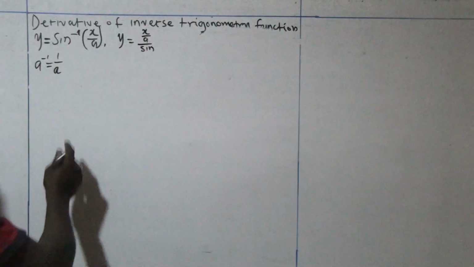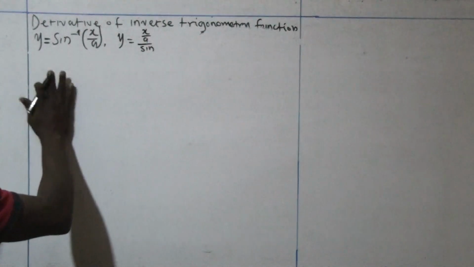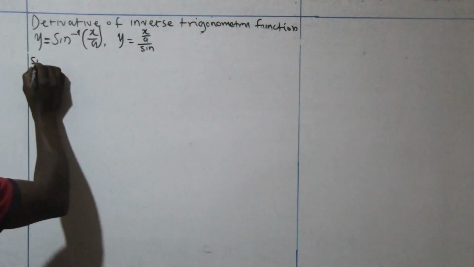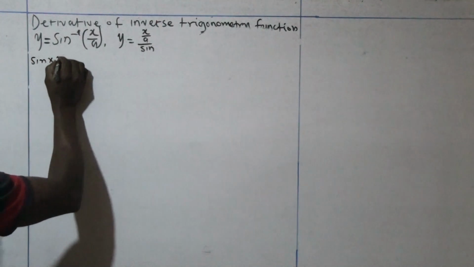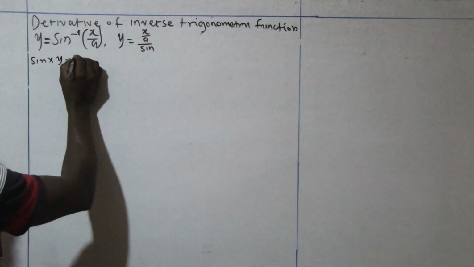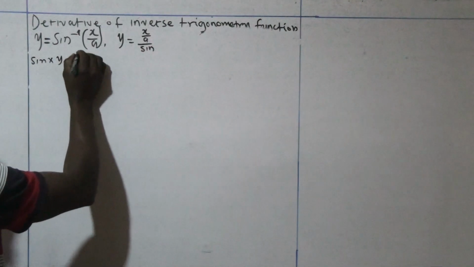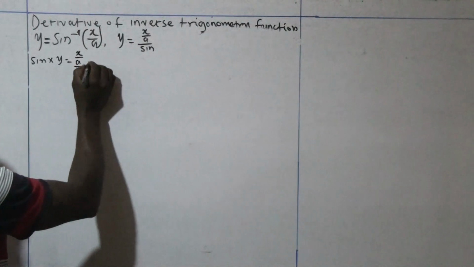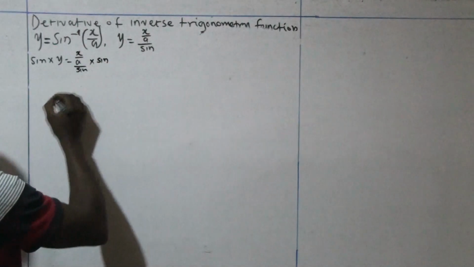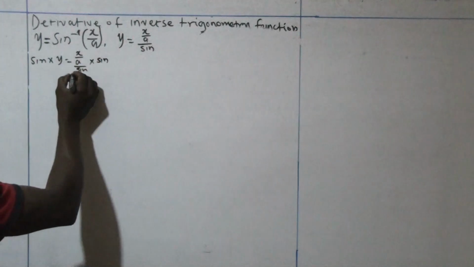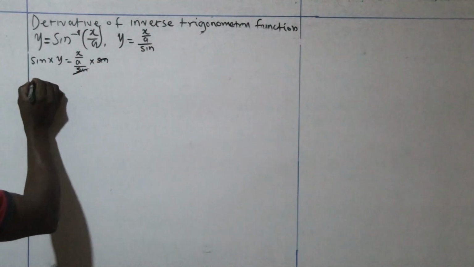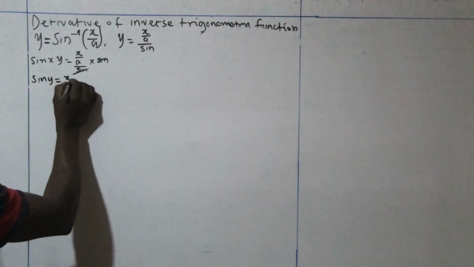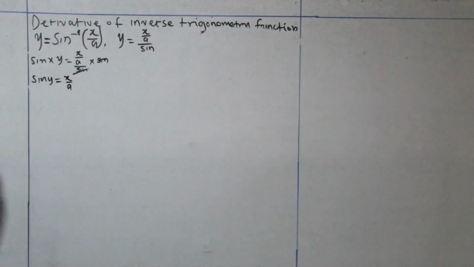Then the next step is we multiply both sides by sine, so that sine y is equal to x over a.